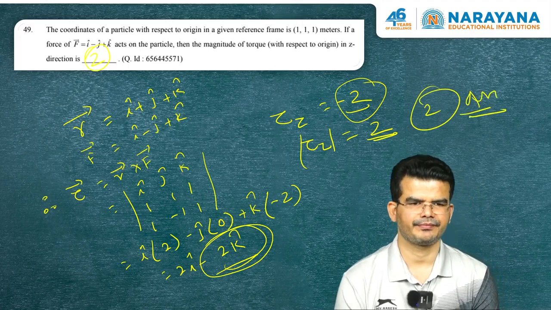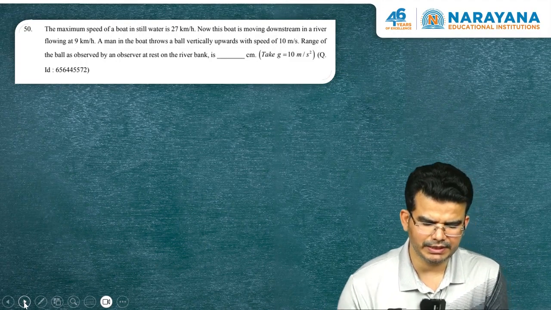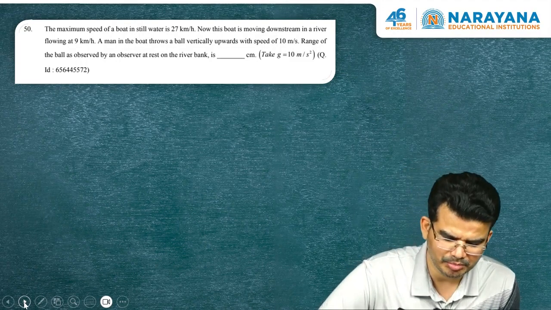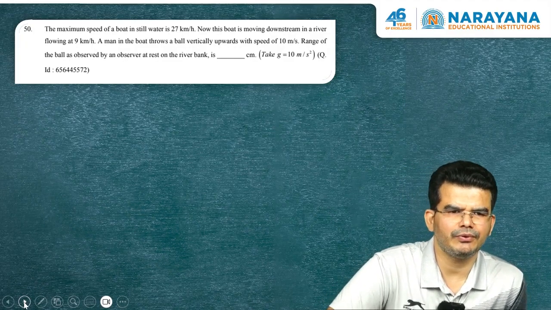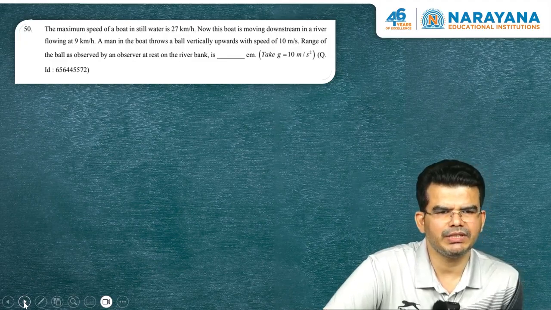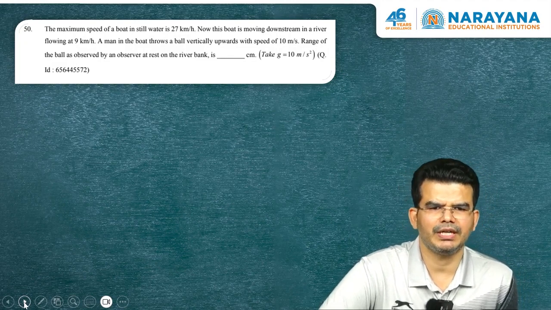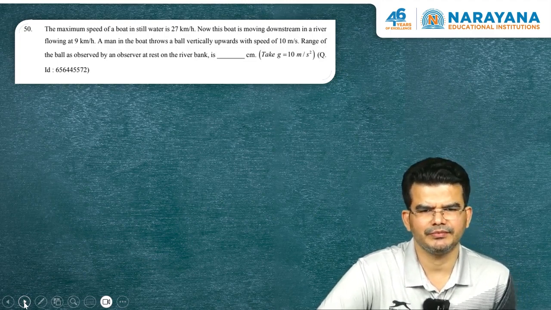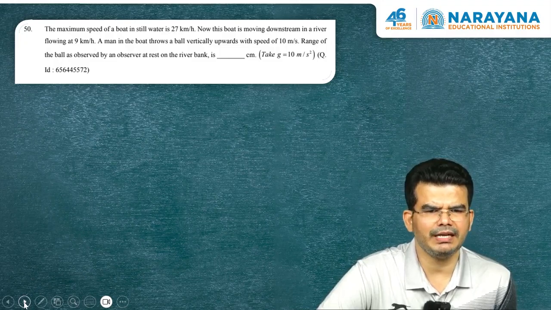Okay. Last question. The maximum speed of a boat in still water is 27 km per hour. Now, the boat is moving downstream in a river flowing at 9 km per hour. A man in the boat throws a ball vertically upwards with a speed of 10 meter per second. Find the range of the ball as observed by an observer at rest on the river bank.